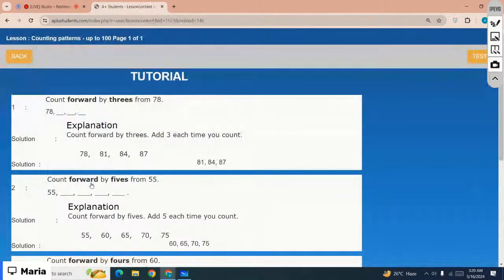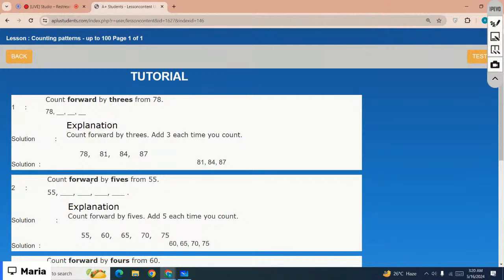Okay, count forward by threes from 78. So you need to count forward, right? And you have to count forward by threes, right? That means you need to add 3 each time when you count.